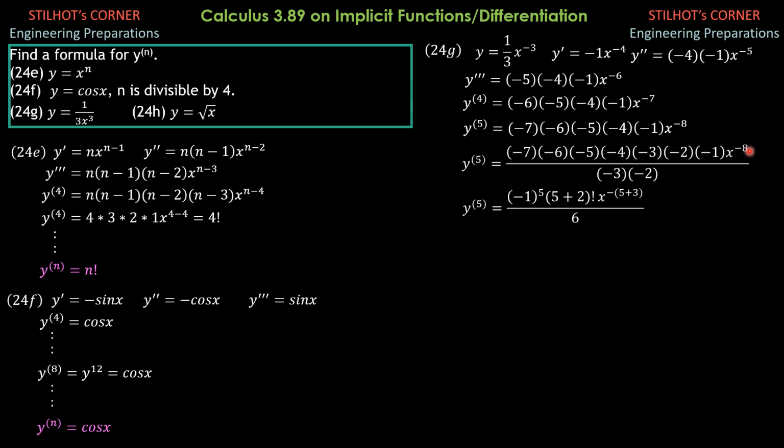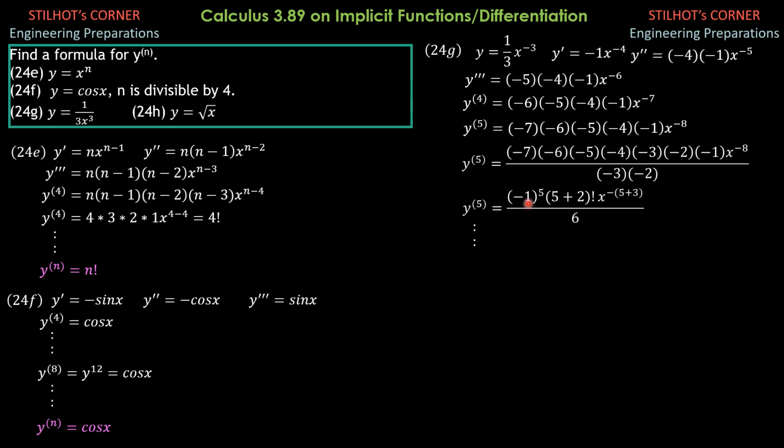negative 8 here is the negative of quantity 5 plus 3. So in general, if we replace 5 by n, then we generalize the nth derivative of y with respect to x as negative 1 to the n times quantity n plus 2 factorial. Then let's just bring this down to make it positive.